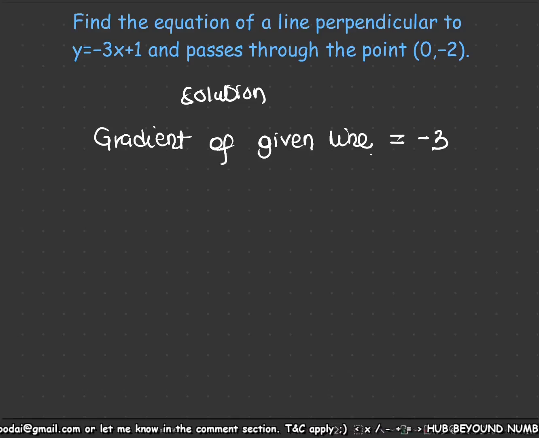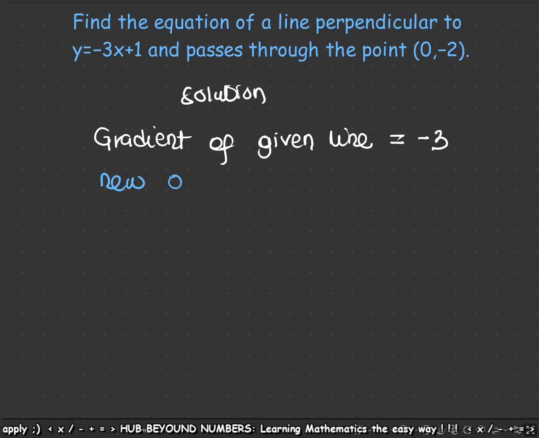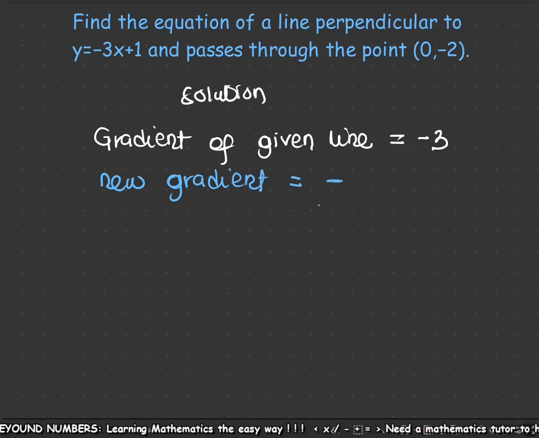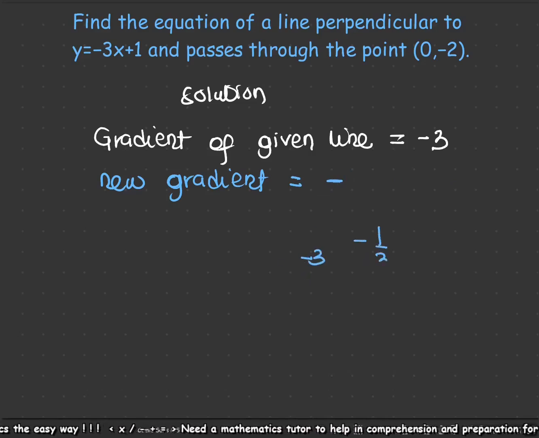And we are saying the gradient of the perpendicular line is the negative reciprocal. So we come and say our new gradient is then going to be the negative. You see, we've written the negative there. Then for -3, its reciprocal will be -1 over 3.